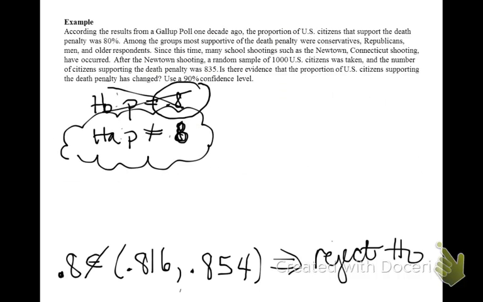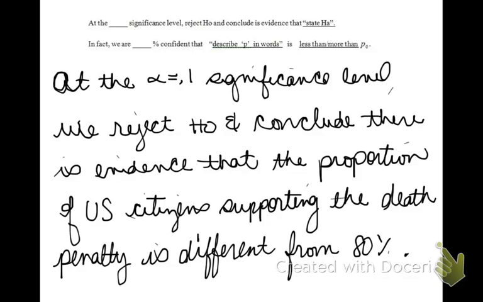Looking at our problem, HA says that P, the population proportion, the proportion of U.S. citizens supporting the death penalty, is not equal to, is different from 0.8, or 80%. So we can now finish our conclusion. We reject H0 and conclude there is evidence that the proportion of U.S. citizens supporting the death penalty is different or has changed from 80%.